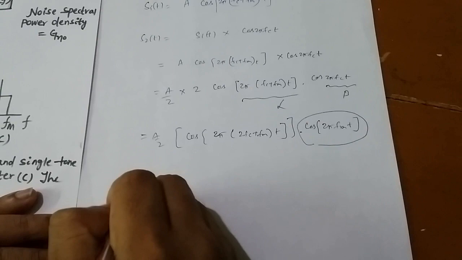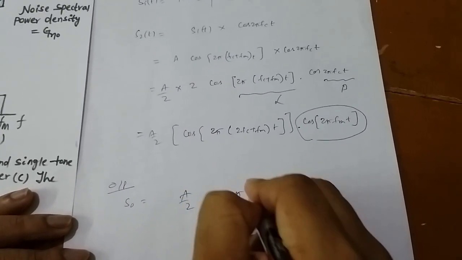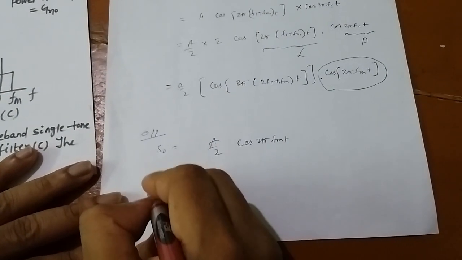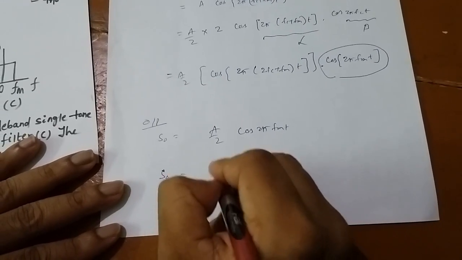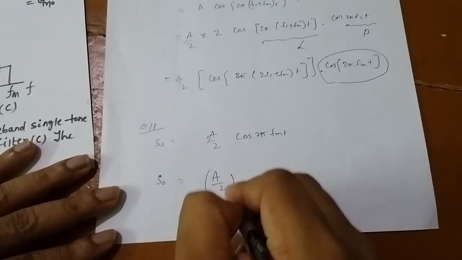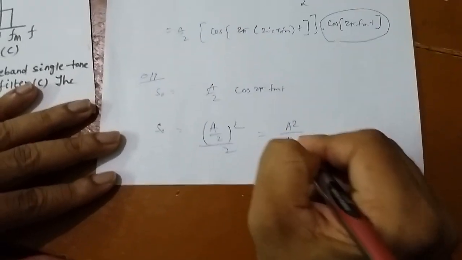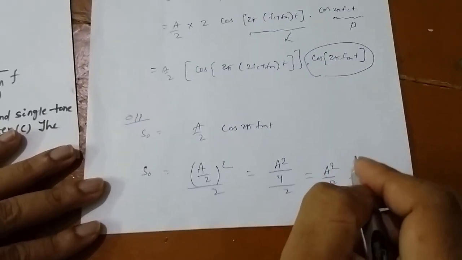The output S0 is now A by 2 cos 2 pi fmt. Now the power at the output is amplitude square by 2, that is A square by 4 by 2, which is A square by 8.